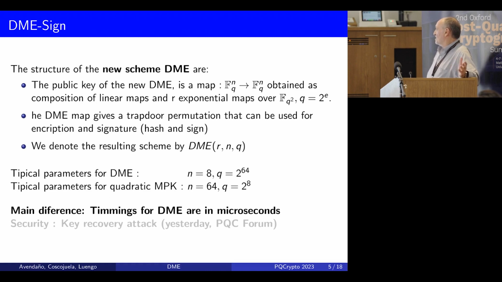And the main advantage of DME is that the timings are measured in microseconds. All the other multivariable schemes that we have seen this week give times in milliseconds. DME gives the time in microseconds, so there is a huge speed factor.